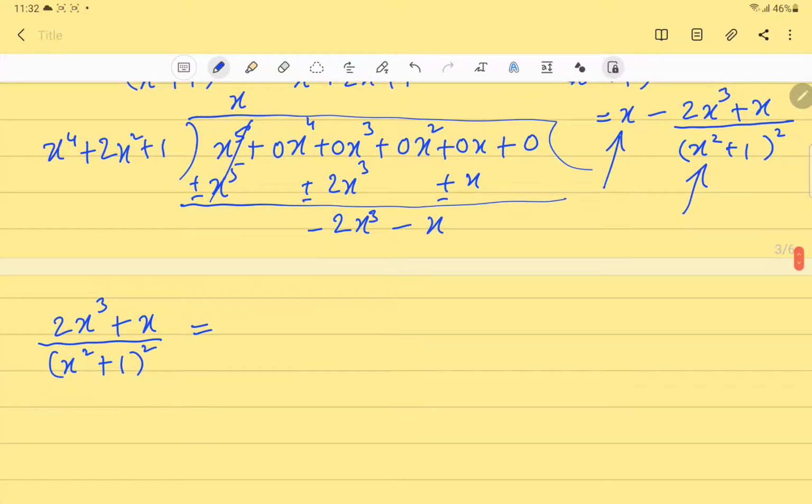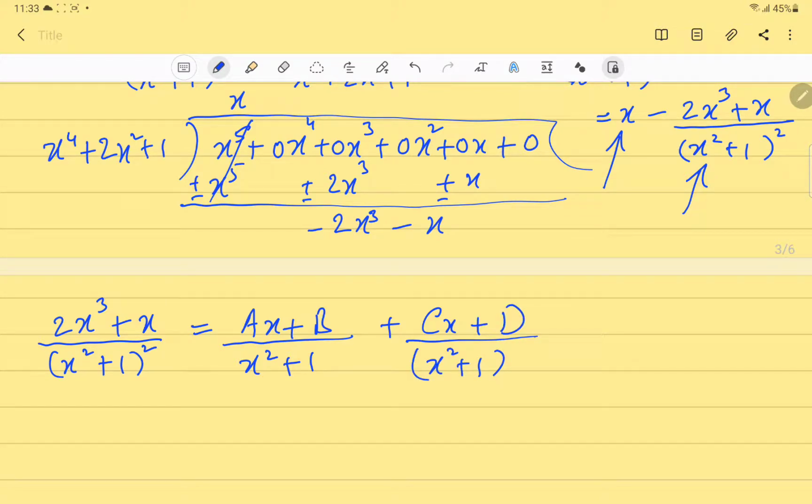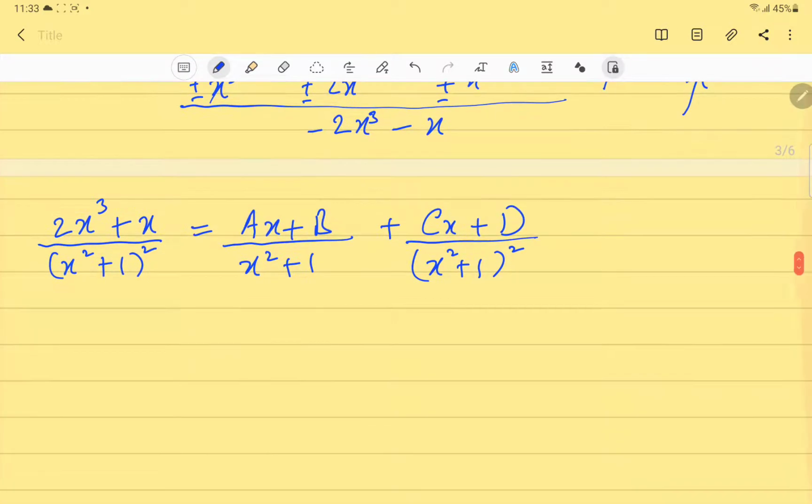So here the factor that we have in the denominator is a repeated quadratic factor. Whenever we have this situation, we'll be writing two partial fractions. In the first one, in the numerator, we have one constant with x and one without it, and in the second one we will again have one constant with x and one without it, and in the denominator we will have this expression with the square. Let's multiply both sides by (x squared plus 1) square.